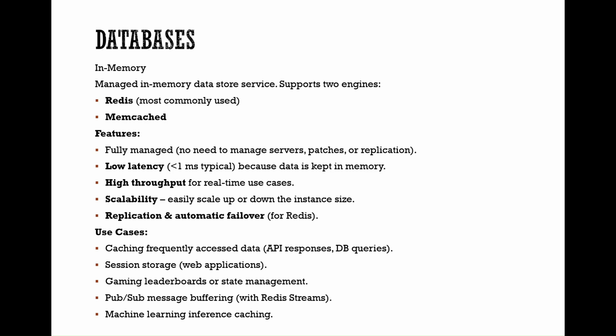Scalability is the main factor, along with replication and automatic failovers, which are specifically available for Redis. Redis is very vast, and its architecture and use cases have evolved over many years. So it supports more features than Memcached, but the reason we use it is to improve the efficiency of our application. These are some common use cases, like caching your frequently accessed data.